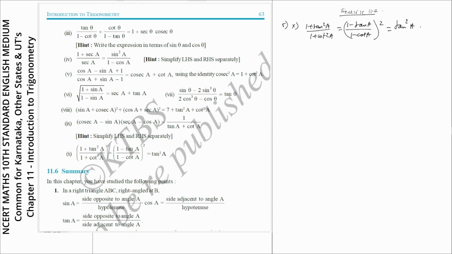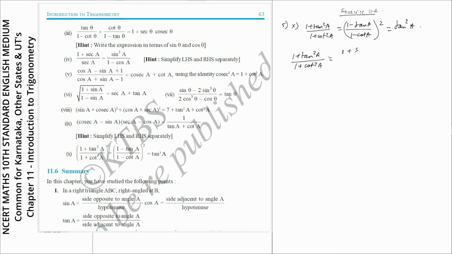Exercise 11.4, question number 5, sub question 10. Prove that (1 plus tan square A by 1 plus cot square A) is equal to (1 minus tan A by 1 minus cot A) the whole square, is equal to tan square A. So first I'll take 1 plus tan square A by 1 plus cot square A. Now tan is sin by cos.